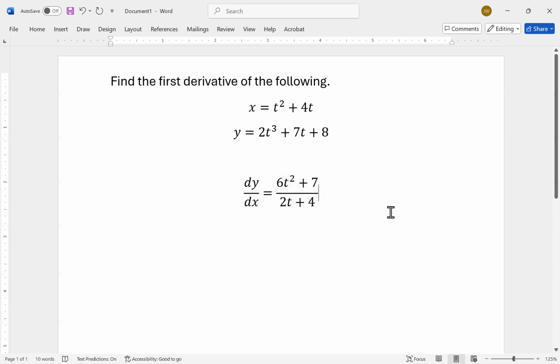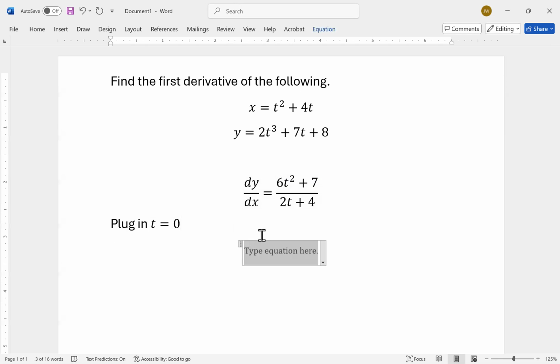So imagine I plugged in the number 0. And by 0, I mean t of 0, just so that we're clear. The derivative with respect to x at t of 0 would be 7/4.